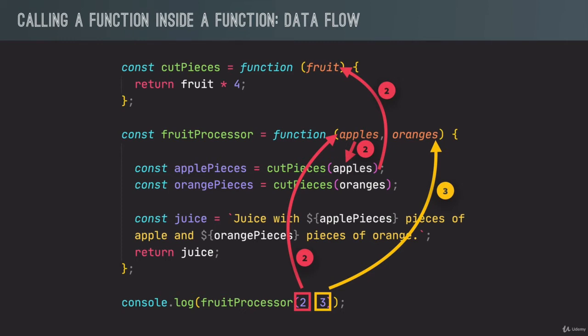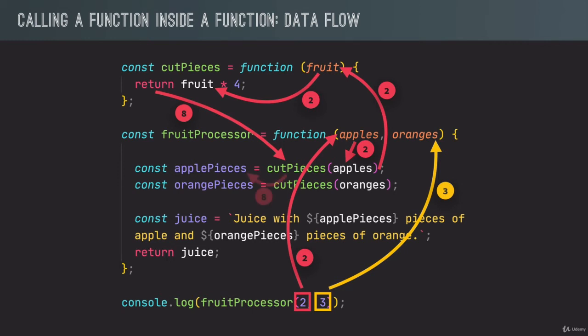So now fruit here in this function is also 2. And I hope that these arrows here make the data flow quite obvious. Then inside this function, of course, the fruit is then also 2, which will get multiplied by 4. And so the result here is going to be 8. And so the result of calling this function with apples will be 8.